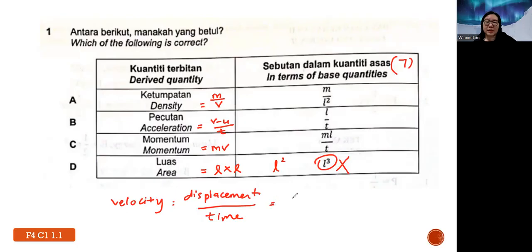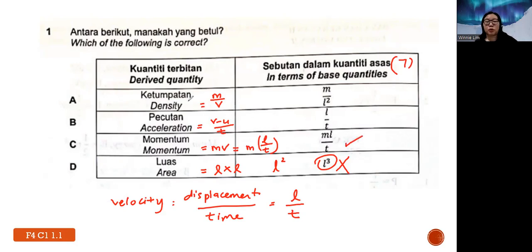In this context, displacement is the idea of length. So you must change it to M, then L over T, where mass, length and time are all base quantities.